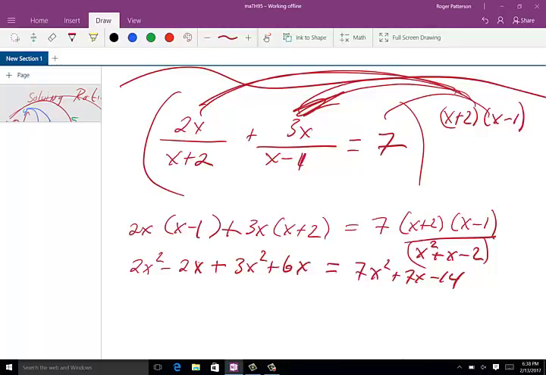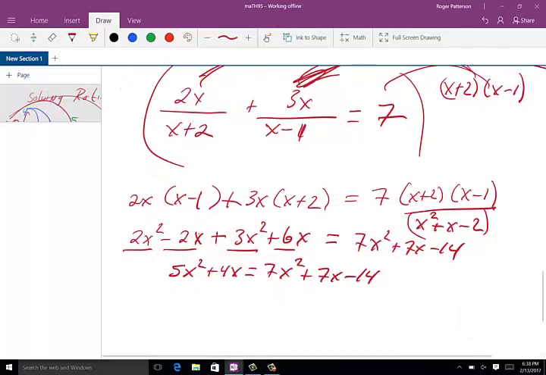Okay, we're going to keep working on this. I'm going to combine those terms. I'm going to combine these terms. Move some things over.